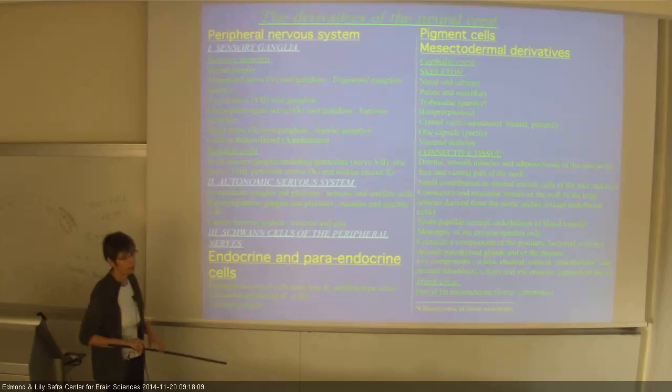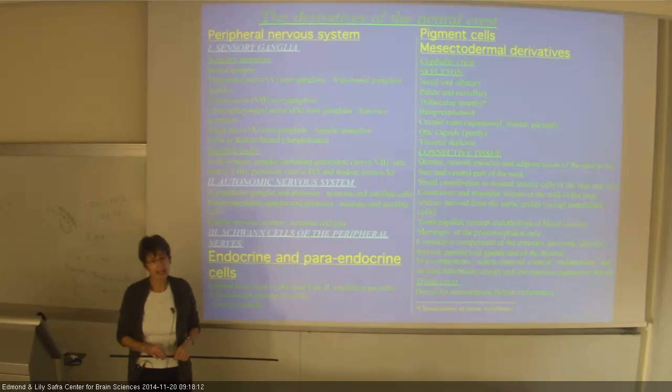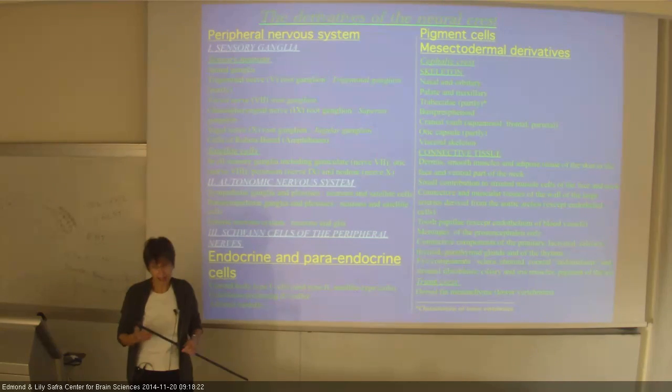Schwann cells. We said last time that glia is central and peripheral. Peripheral glia is Schwann cells. They are all derived from the neural crest, and they are the cells which myelinate the peripheral nerves.